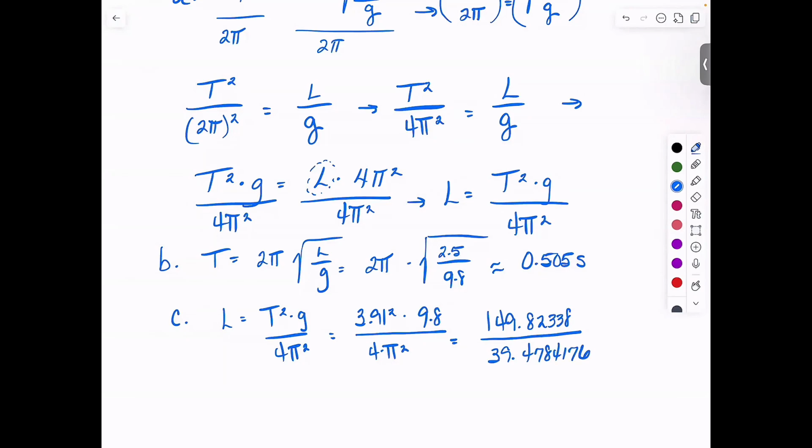So if I take the previous answer and divide by that, I get roughly 3.795, and that would be in SI units of meters.